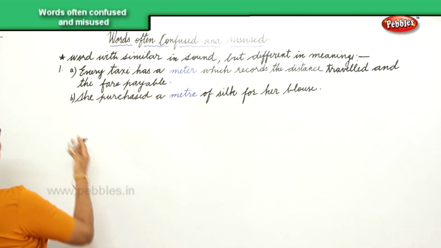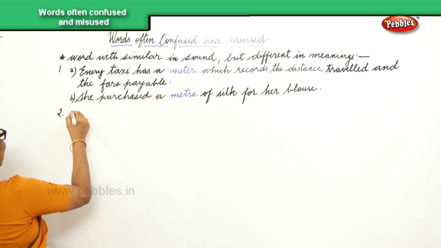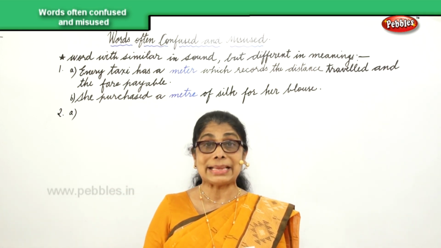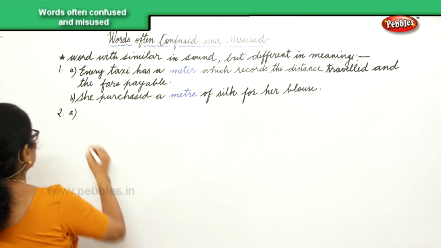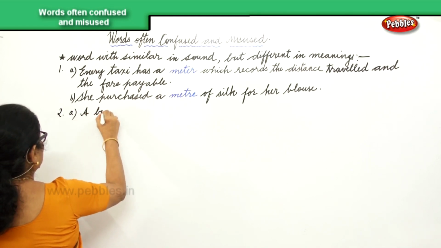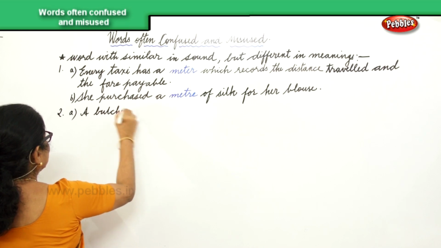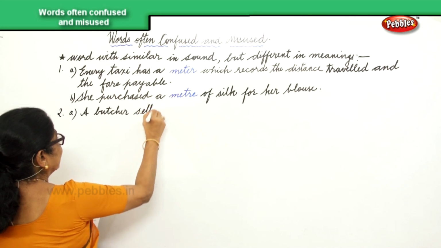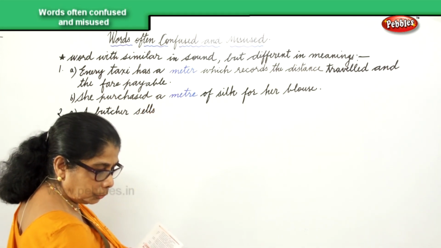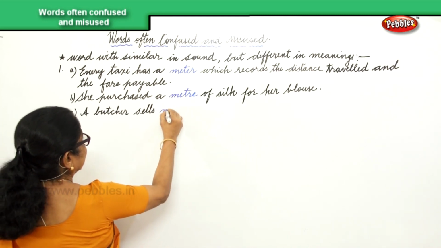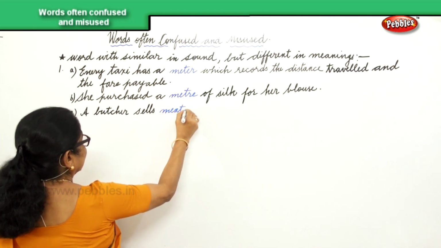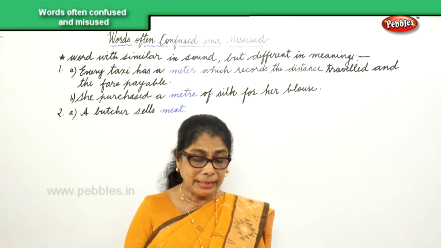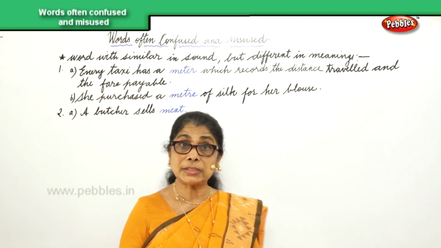Now let's look at another set of words. A butcher sells meat. Now, another sentence: Can you meet misfortune with a smile?